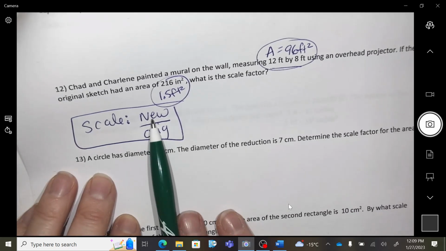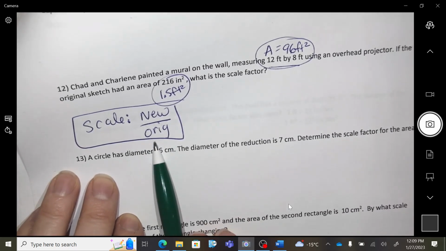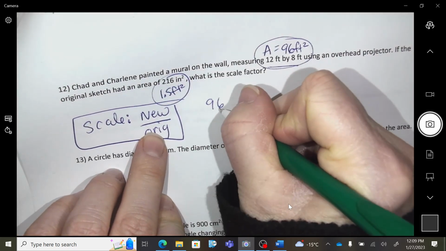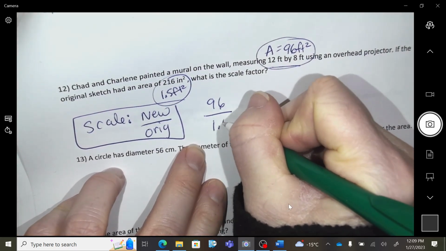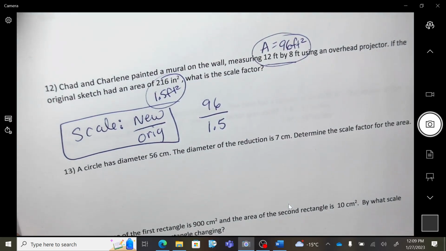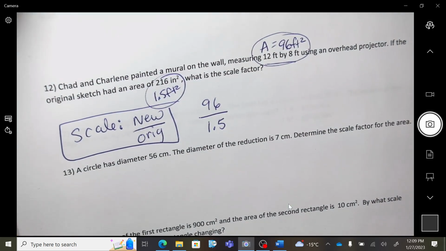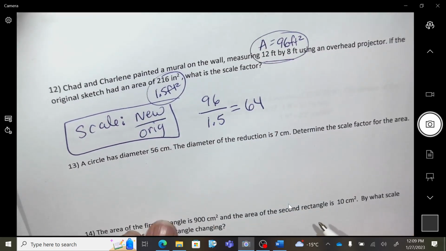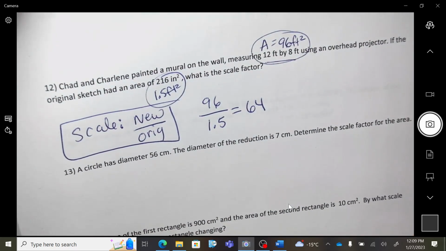Okay, so painting the mural, the new area was 96 and the original area was 1.5, which is 64. So the mural was blown up 64 times greater in area.